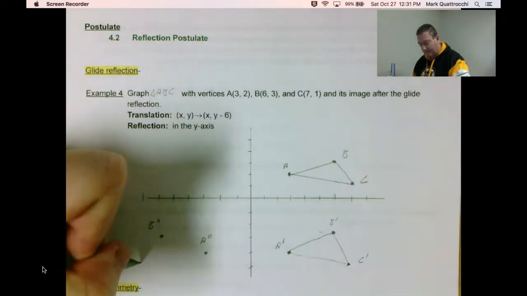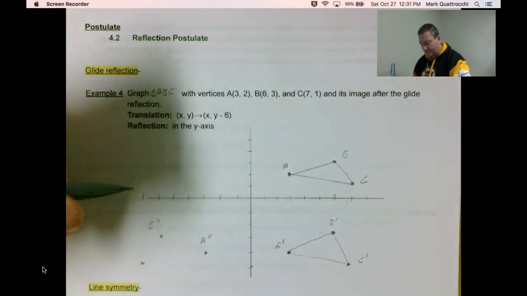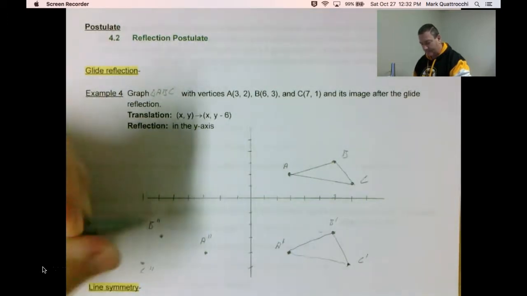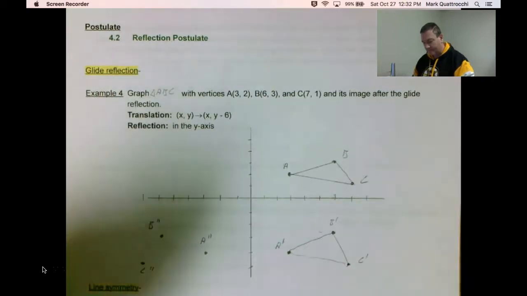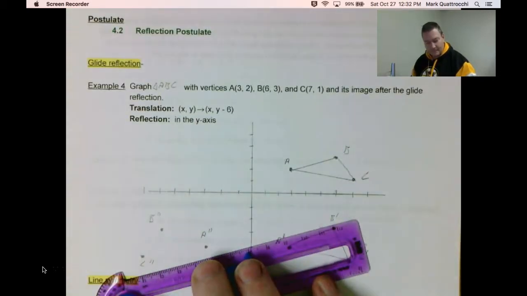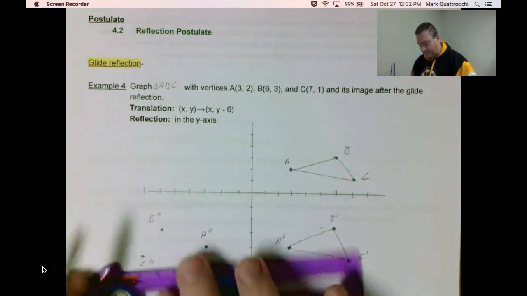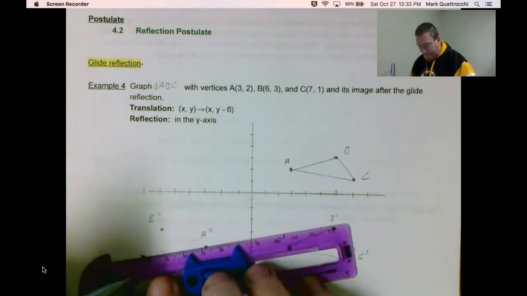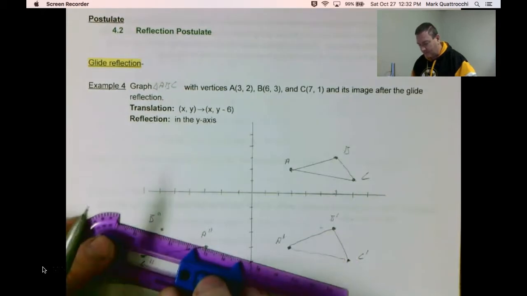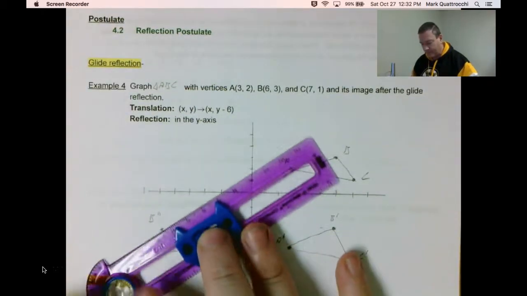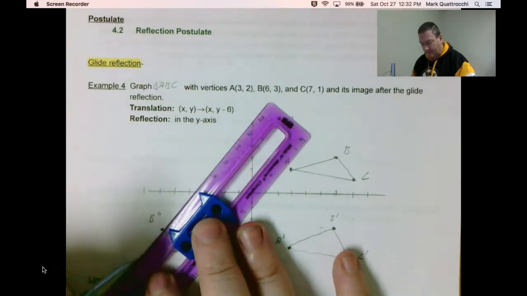C double prime. There is triangle A double prime, B double prime, C double prime after the glide reflection.